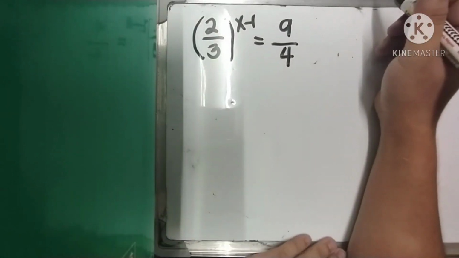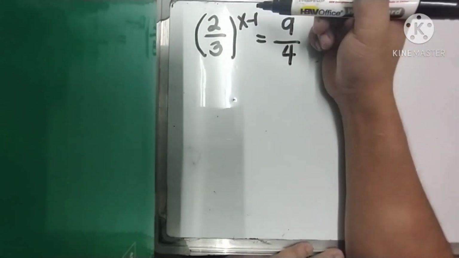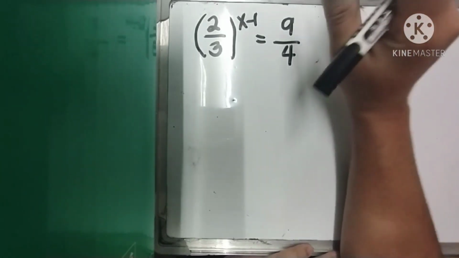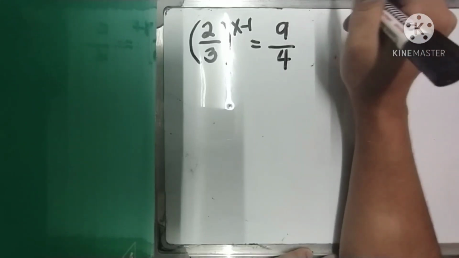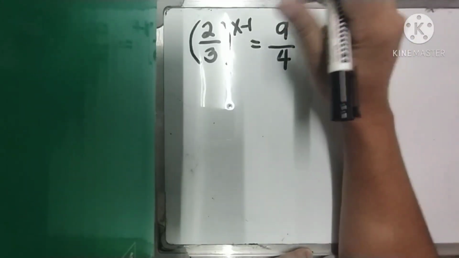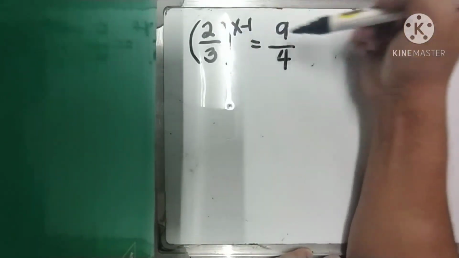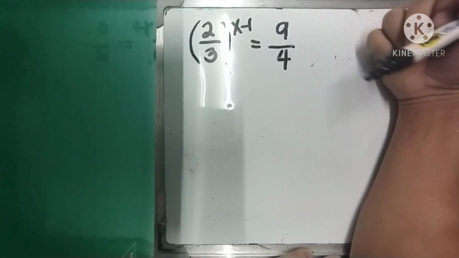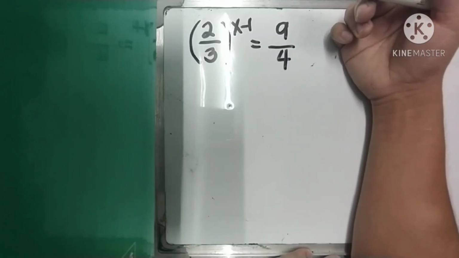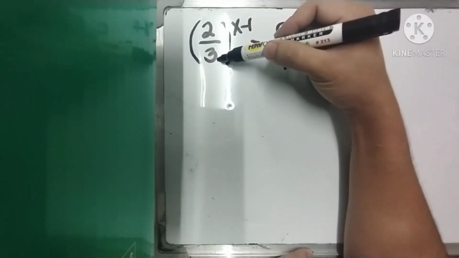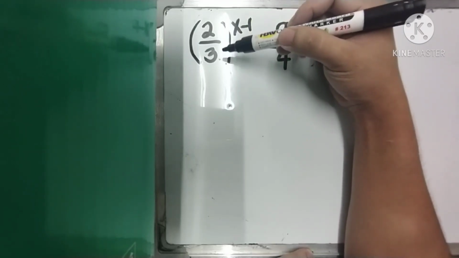Okay. Next to this one, how about if our bases are all fractions? If they are all fractions, what do we do? First, we look at which is the smallest number. The smallest numbers are 2 and 3.